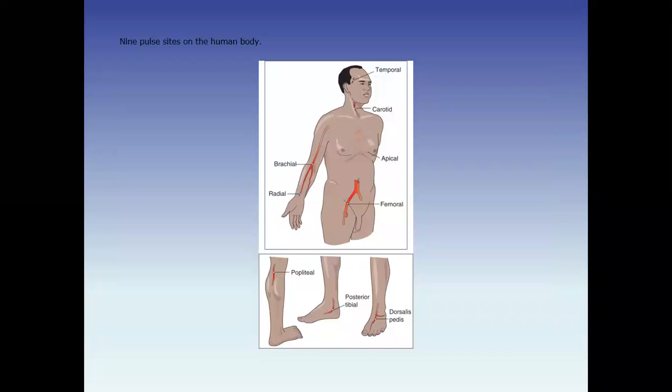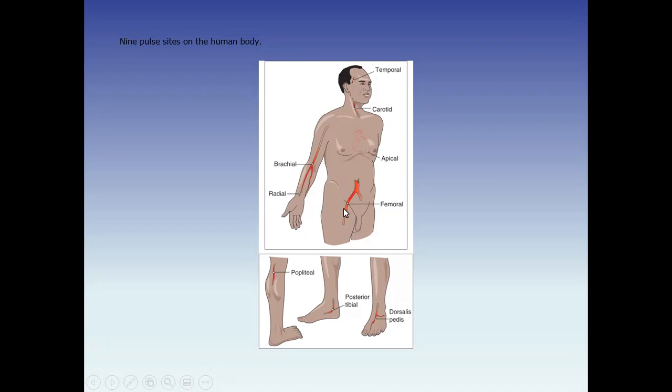So these are the 9 pulse sites of the body. There is the temporal, the carotid, the apical, and right here by the arm is the brachial, and the one a little bit lower is the radial.